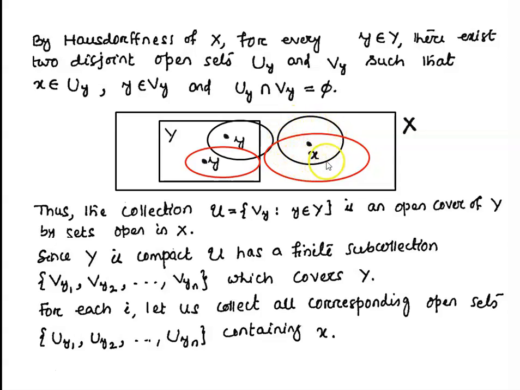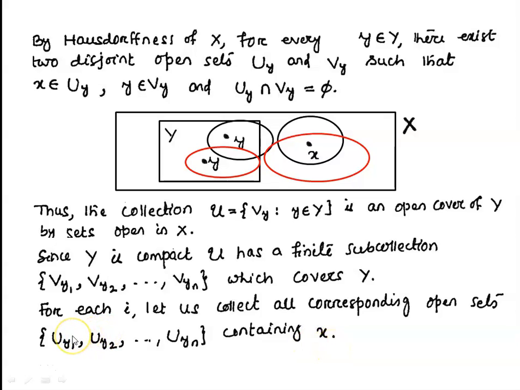Collect that Uy1. Similarly, suppose the second open set Vy2 contains this y. Then correspondingly, we have this Uy2 which contains x.